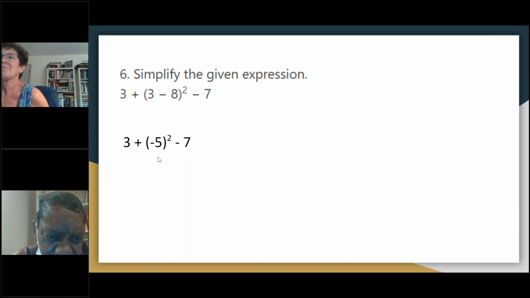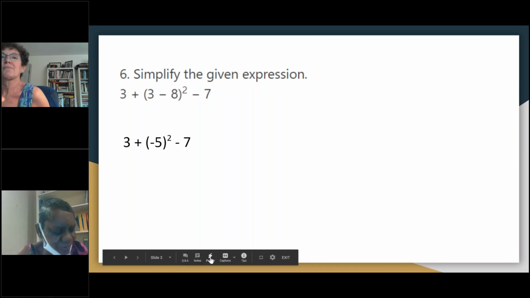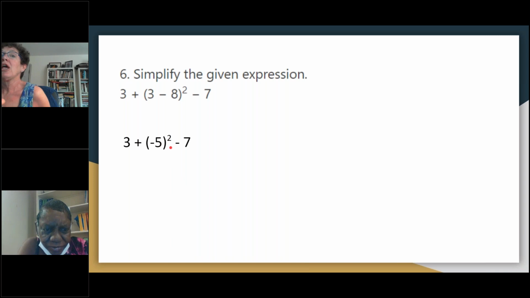Well, we've got to do this exponent here. It's an exponent, so we're not multiplying 5 times 2 or negative 5 times 2. We're saying negative 5 times negative 5.